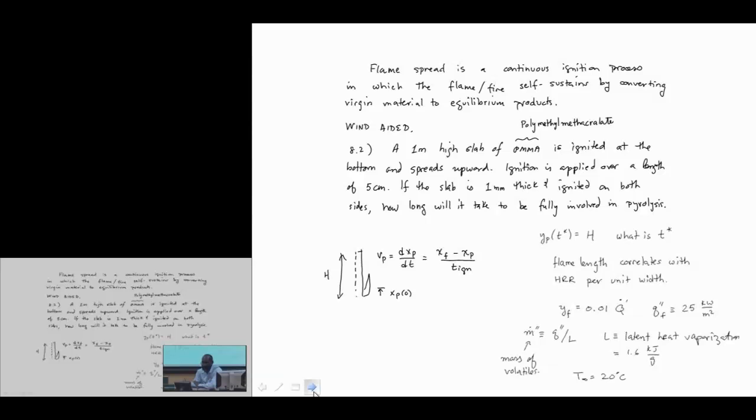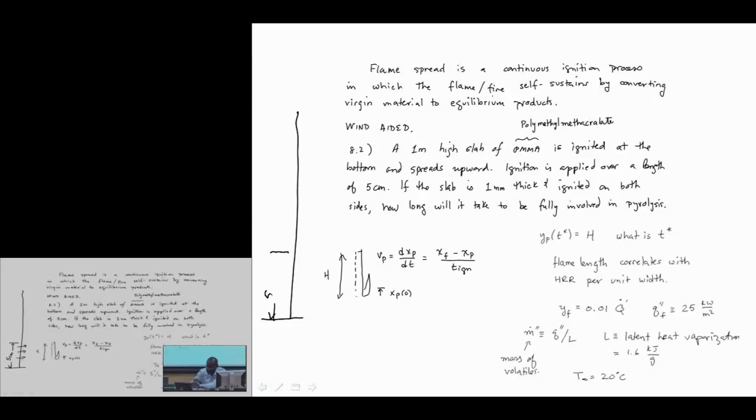Okay? So an example here. A 1 meter high slab of polymethyl methacrylate is ignited at the bottom and spreads upward. Ignition is applied over a length of 5 centimeters. So in a 5 centimeter region, we have ignition.